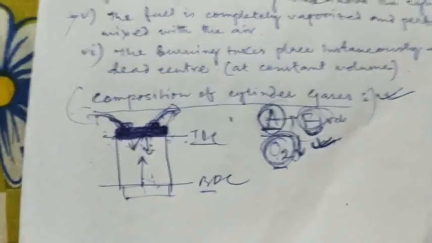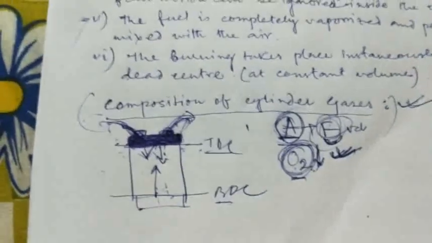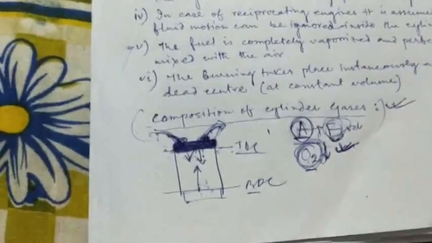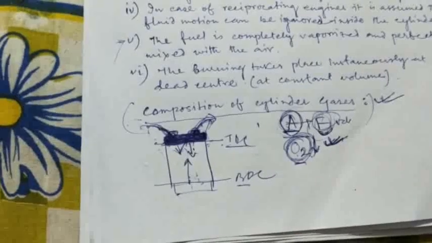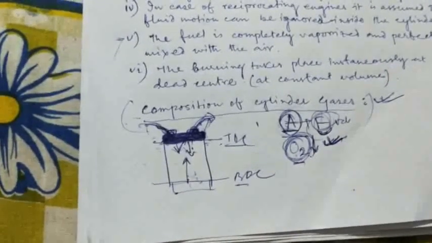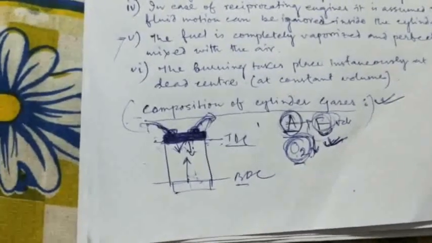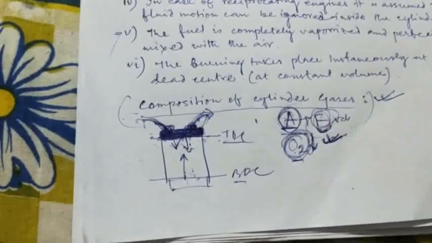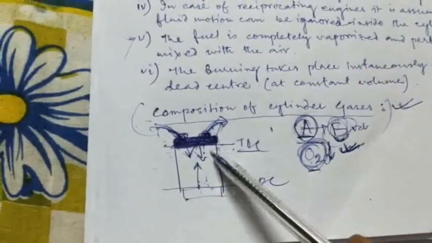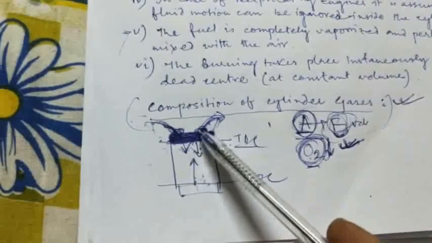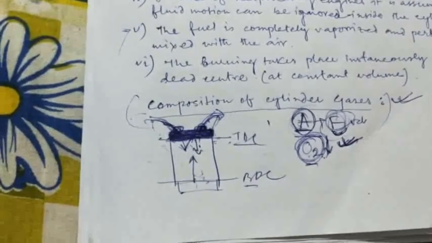So, the composition of cylinder gases depends upon the type of fuel mixture we are using according to the running condition of the engine. In a 4-stroke engine, fresh charge as it enters the engine cylinder comes into contact with the burnt gas left in the clearance space in the previous cycle.